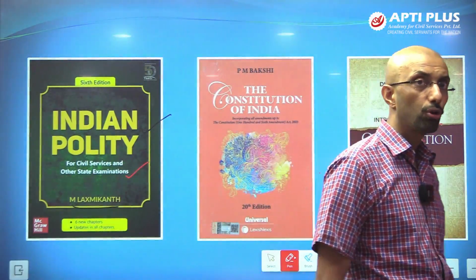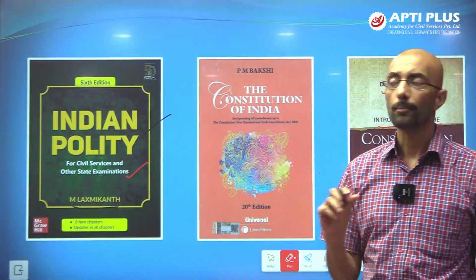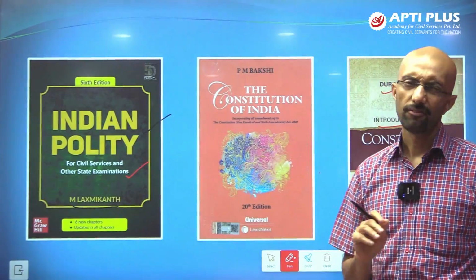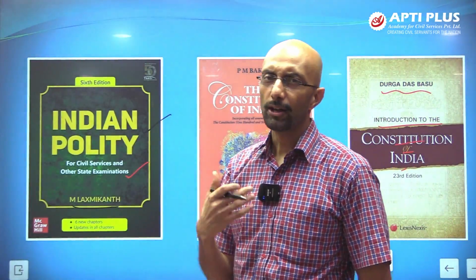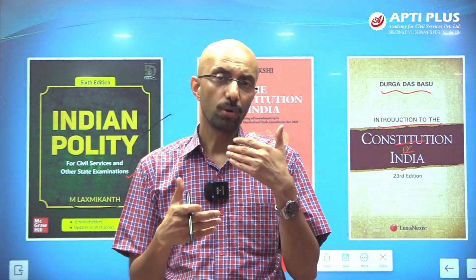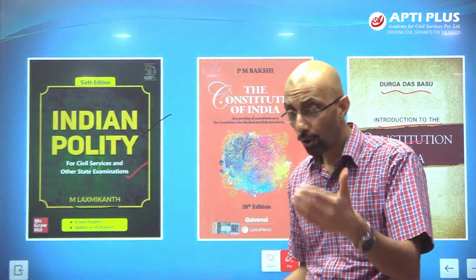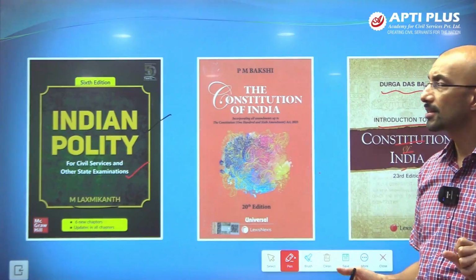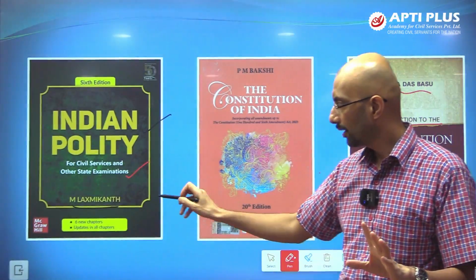But remember, it is advisable to follow only one book, because covering both books will become very time consuming. It will lead to duplication of efforts, because if you read both of them, you will find that a lot of content is common. That means you are spending your time reading the same content from both books, right? If you really want to read both books, what I can suggest is, first read Lakshmikant.